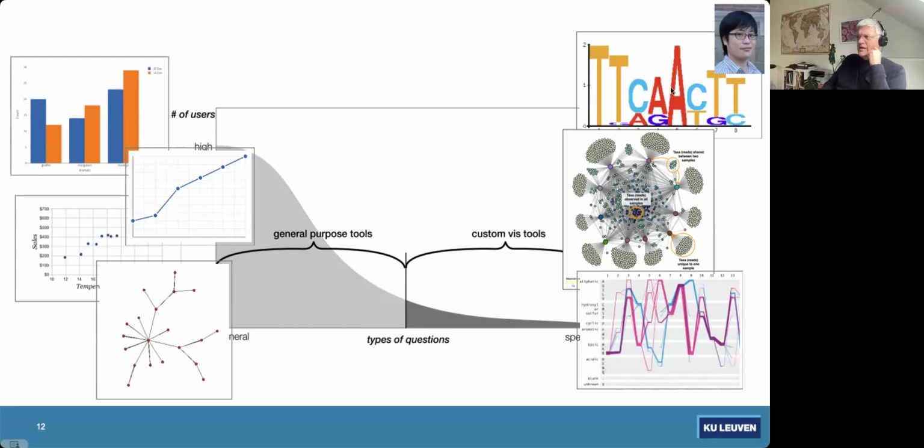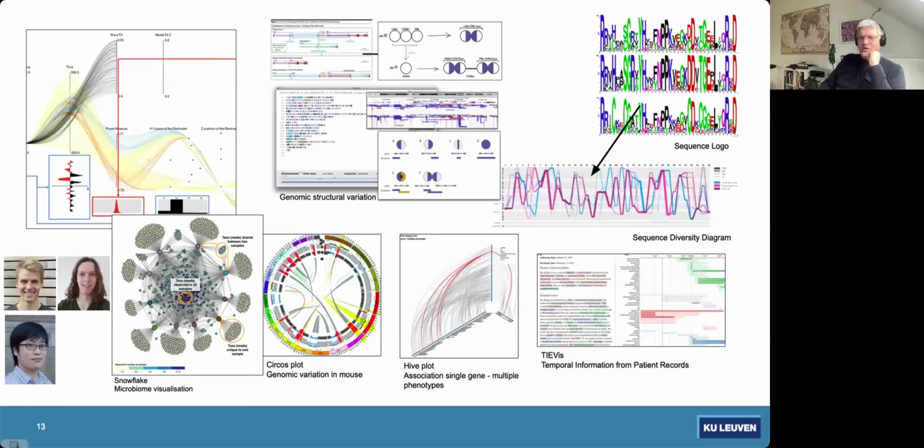This one already existed. That's the Sequence logo from 1986. But these are two that we developed ourselves for looking at microbiome data, this one. And the bottom one is a redesign of the Sequence logo at the top, looking at multiple sequence alignments of DNA or protein sequences.